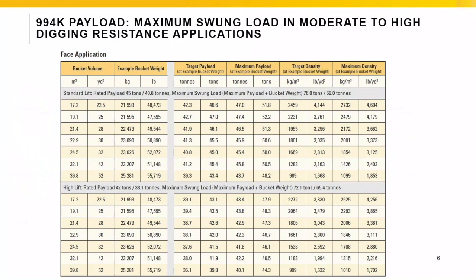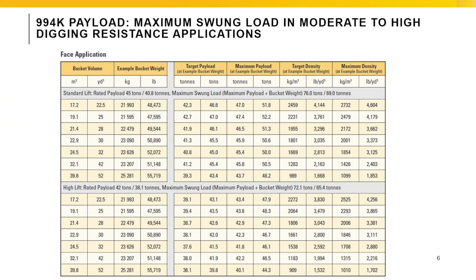In some cases, the material is very free flowing, even in a face application. In other cases, it's pretty tough digging, and it depends on many variables: how the material is interlocked, the size of the pieces after the blasting, the size of the blast.